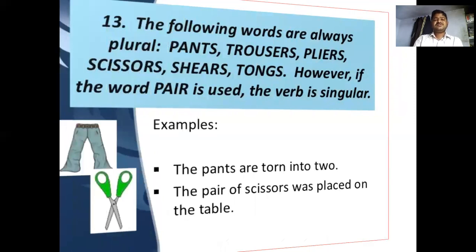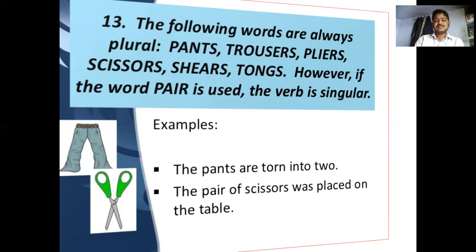The following words are always plural: pants, trousers, pliers, scissors, shears, tongs. However, if the word pair is used, the verb is singular.